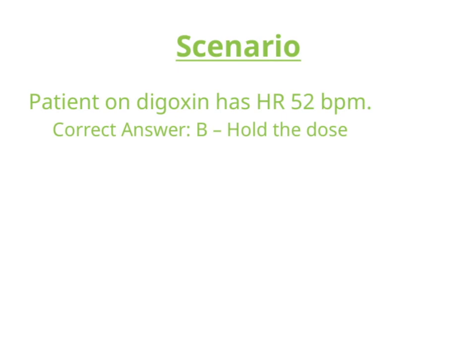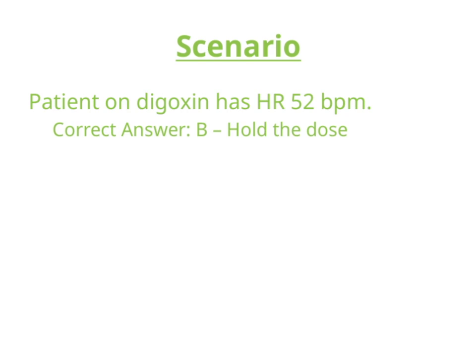In this scenario, we see a patient on digoxin who has a heart rate of 52 beats per minute. As you can imagine, digoxin is used to help control heart rate and improve cardiac efficiency, but it requires careful monitoring. A heart rate of 52 BPM is considered bradycardic, which means it's lower than the normal range.